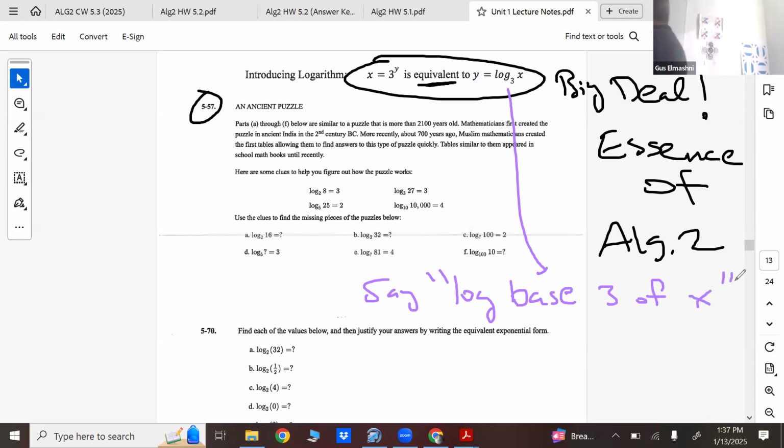That's how you say it. Log base 3 of x. What it's telling you is that 3 raised to the y power equals x. It's the same thing as that: 3 raised to the y power equals x.